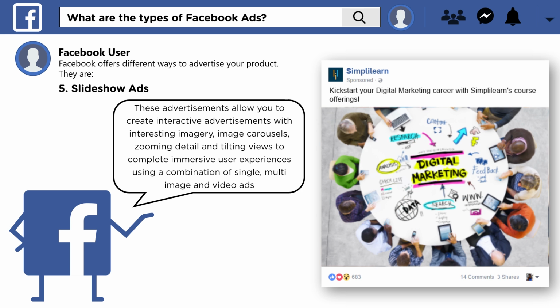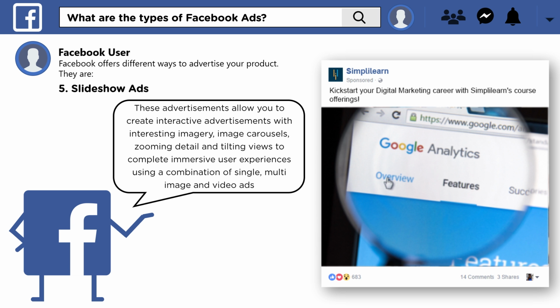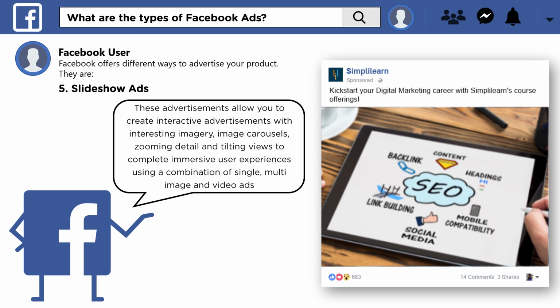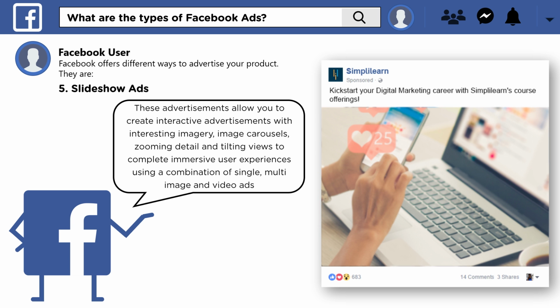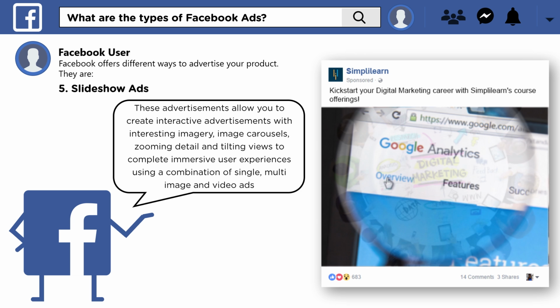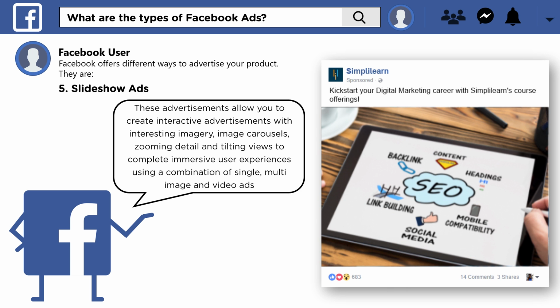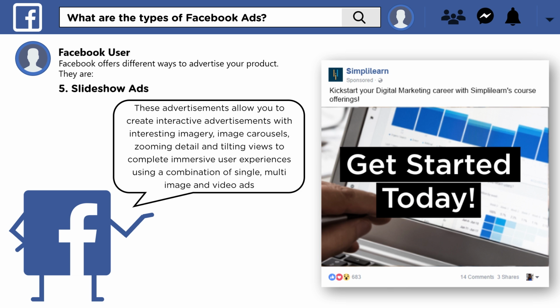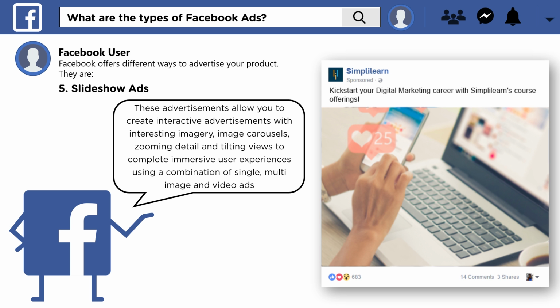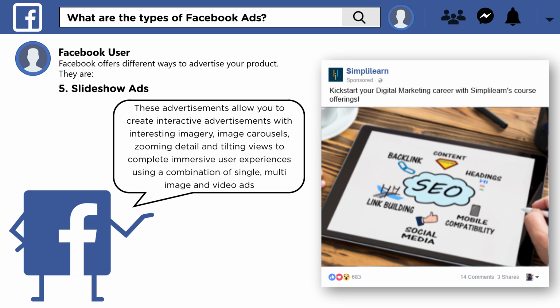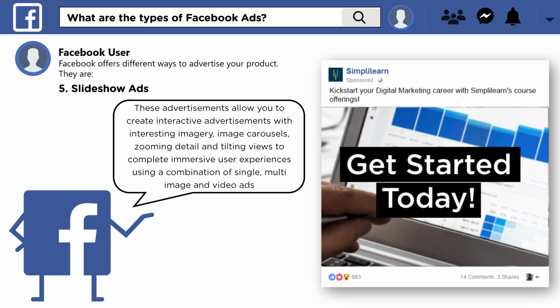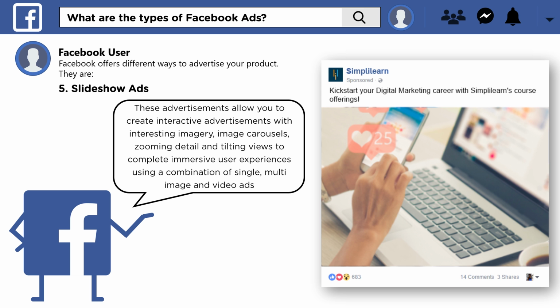Another form of advertising on Facebook is slideshows. Unlike the carousel ads, which, remember, rotate and showcase different products or services, these ads are interactive, but they're rotating different imagery. So it allows you to really put your best images out there with a really strong call to action, just like you see here with the Simplilearn example.